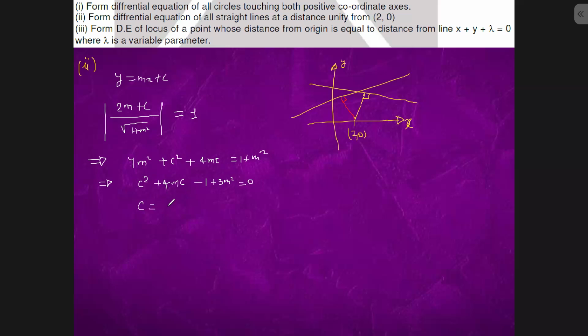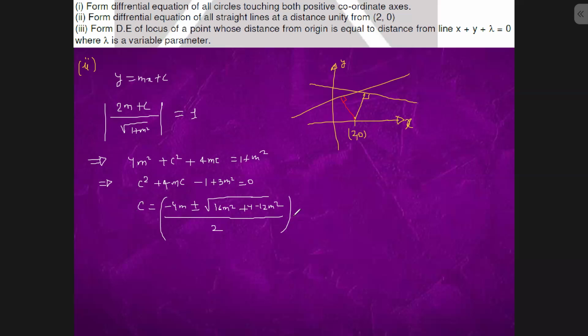So c is minus 4m plus or minus root under b square minus 4ac, that is 16m square minus 4 times (3m square minus 1), upon 2. So we got c in the form of m.